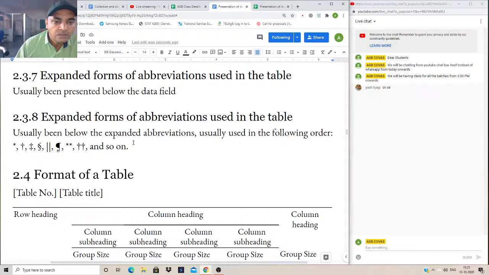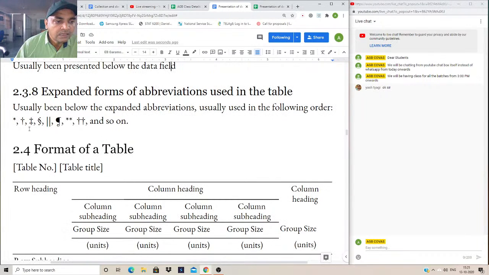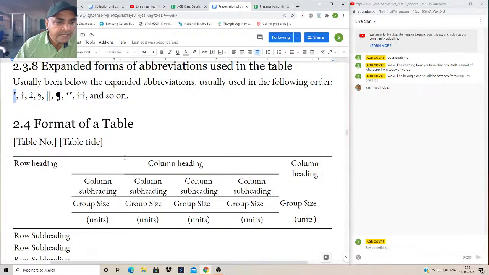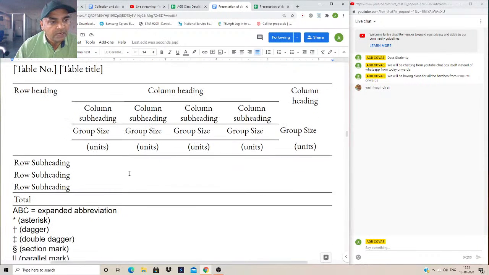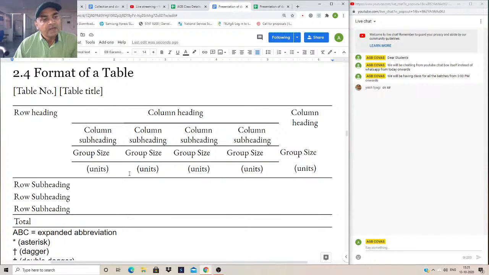There are also some marks used in tables, like the asterisk. I will be explaining these in the format of the table. The format of a table constitutes the table number, one thing.